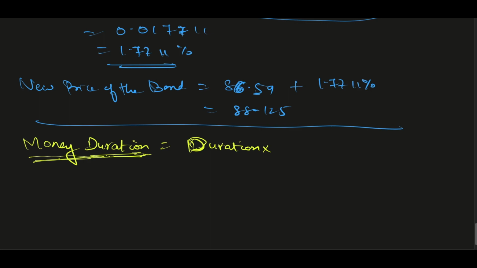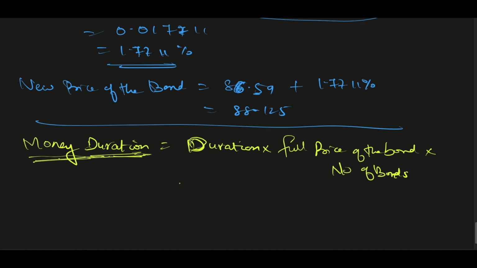So that is money duration. So duration into full price of the bond, as in for one bond, into number of bonds.